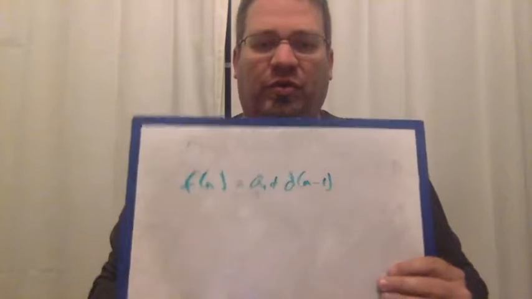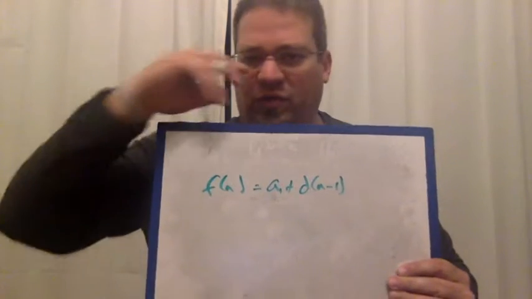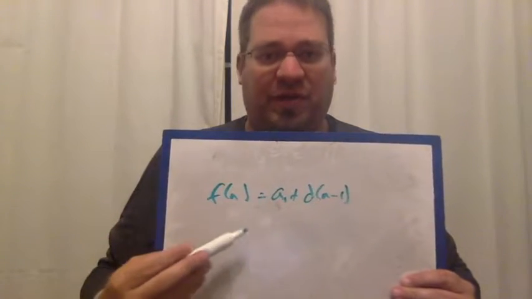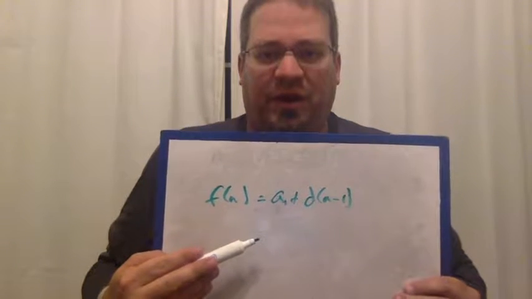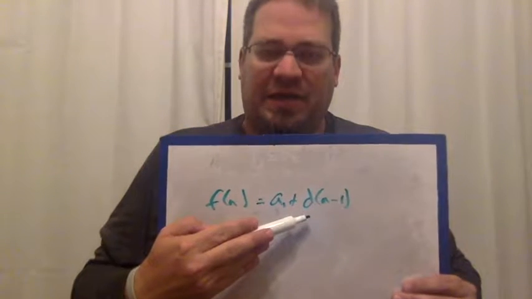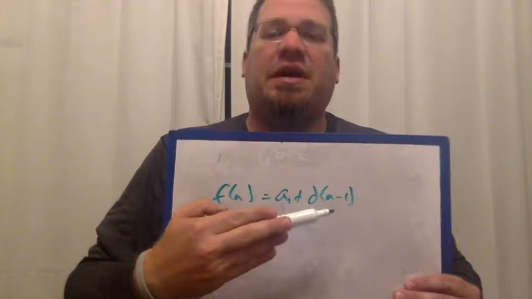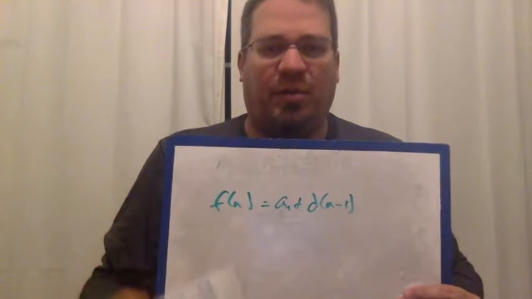Arithmetic sequences, again, is the explicit rule. F of n equals my initial value, which I write down as a of 1 if I don't know what it is, plus d, my common difference, times n minus 1, so the number before.